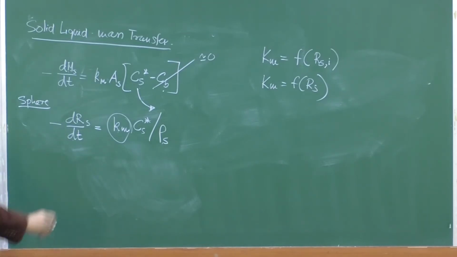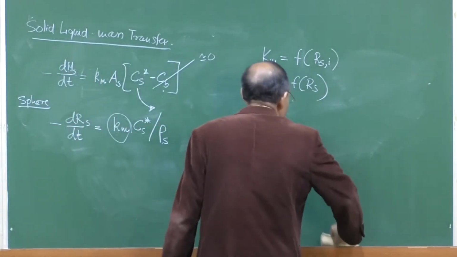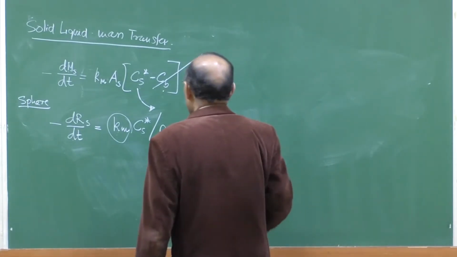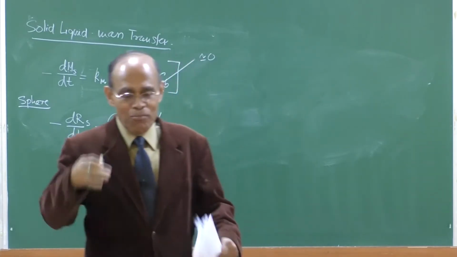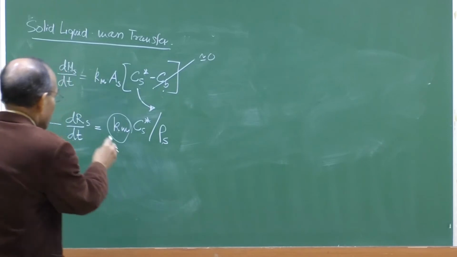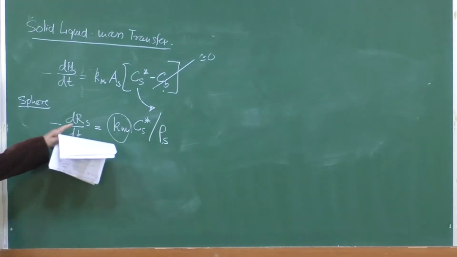Now, where does Km come from? The Km comes from a mass transfer correlation, a solid-liquid mass transfer correlation, and for laminar flow, if you consider the flow around the solid, because in dissolution and leaching problems there is always going to be stirring. We know from theory that the higher the stirring, the more the mass transfer coefficient, and the more the rate of dissolution.